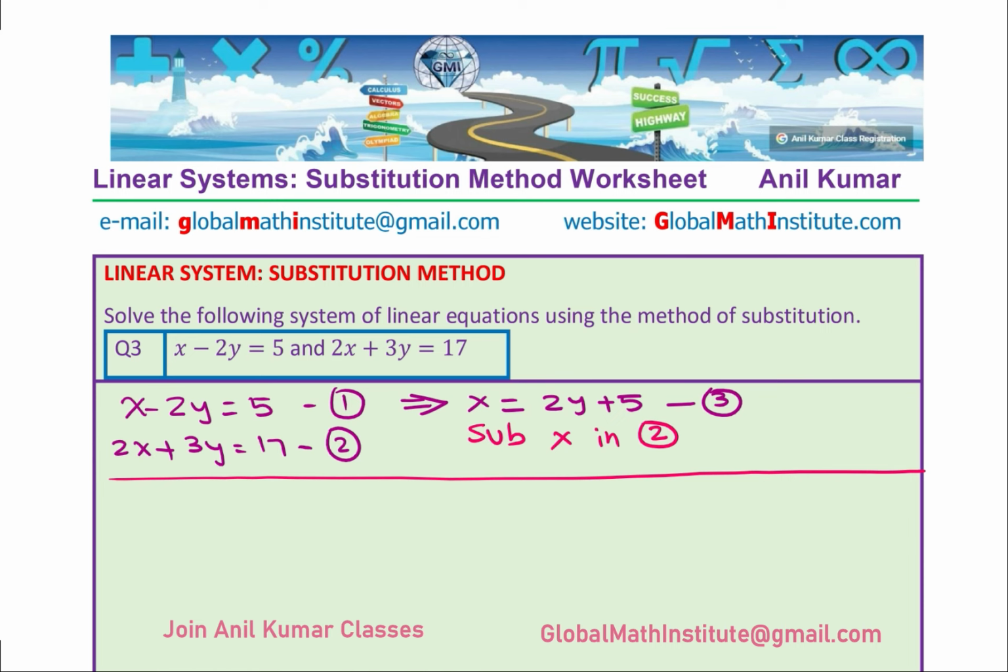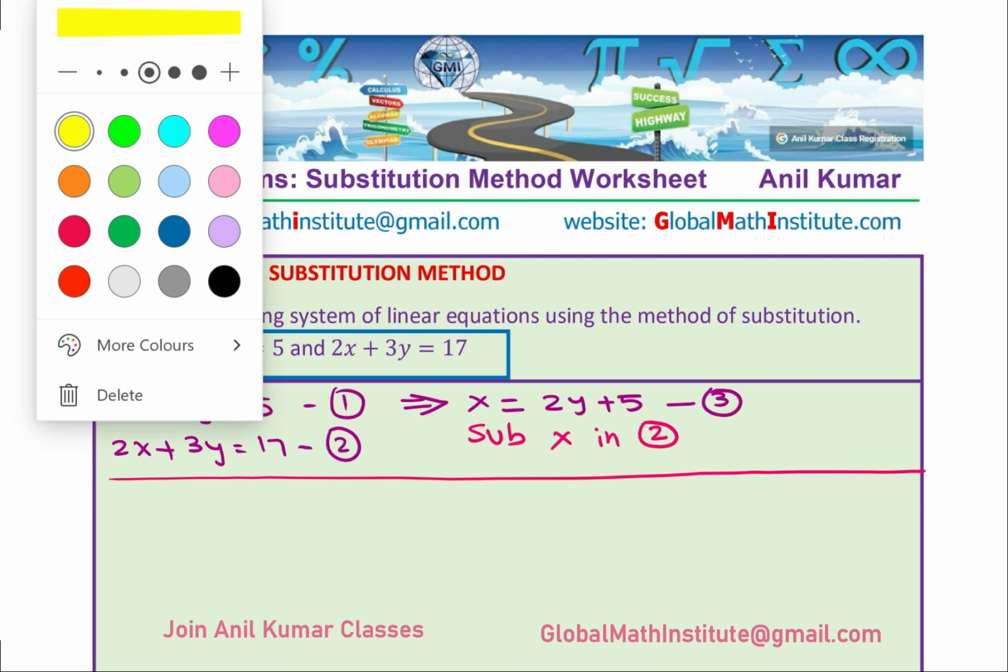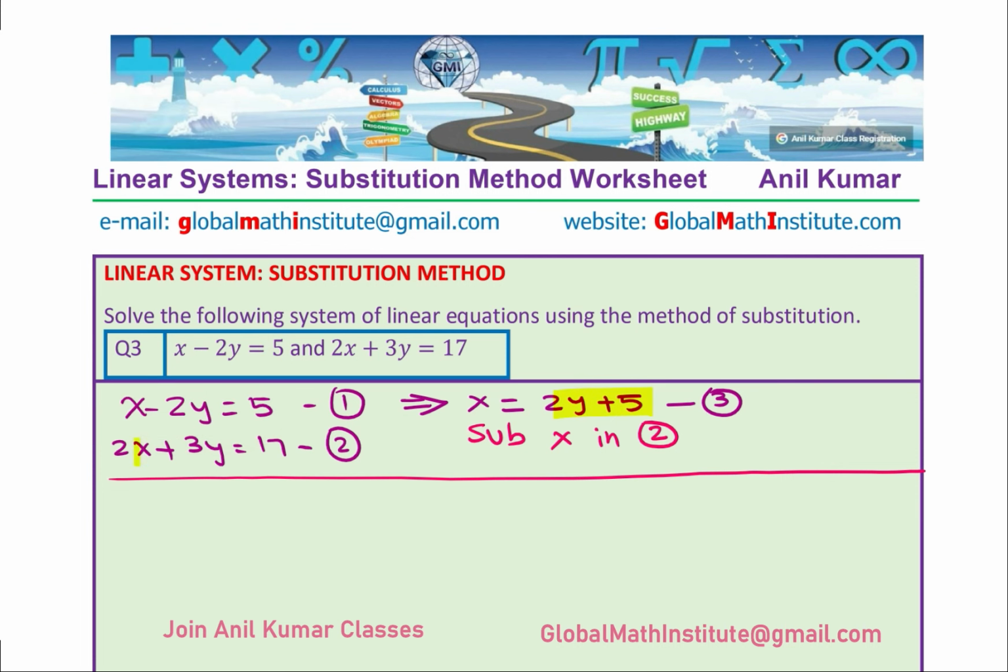Substituting x as 2y plus 5, what do we get? Do you see that? So we get 2 times 2y plus 5 plus 3y equals to 17. Open the bracket. We get 4y plus 10 plus 3y equals to 17.